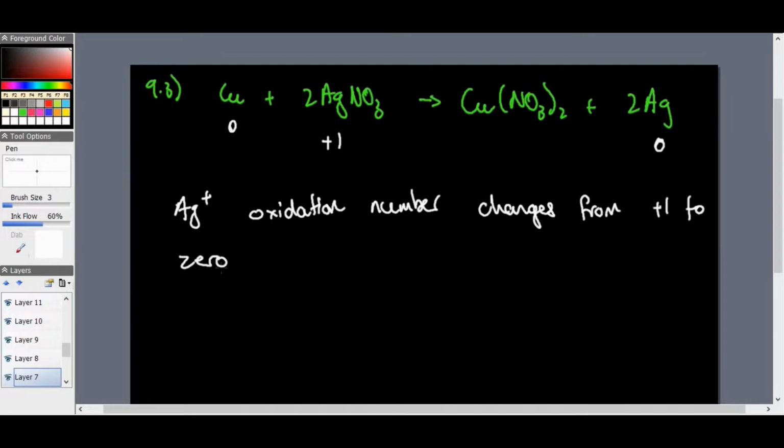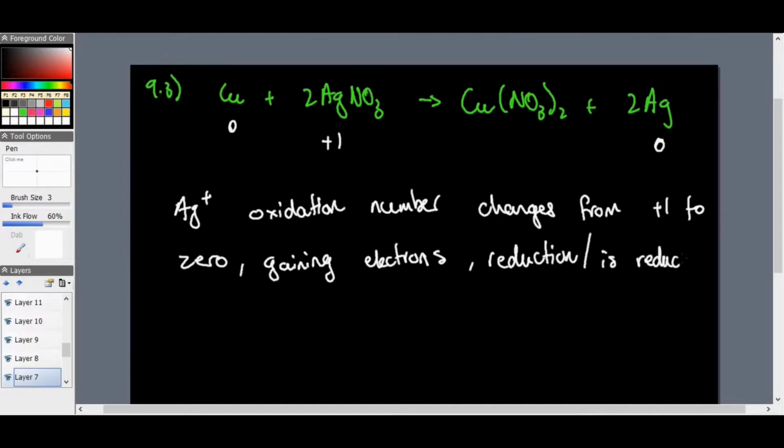You can write the number 0 or the word zero. That's gaining electrons. In other words, I would say reduced. Gain of electrons, which is reduction, or is reduced. And that'll end off the question.